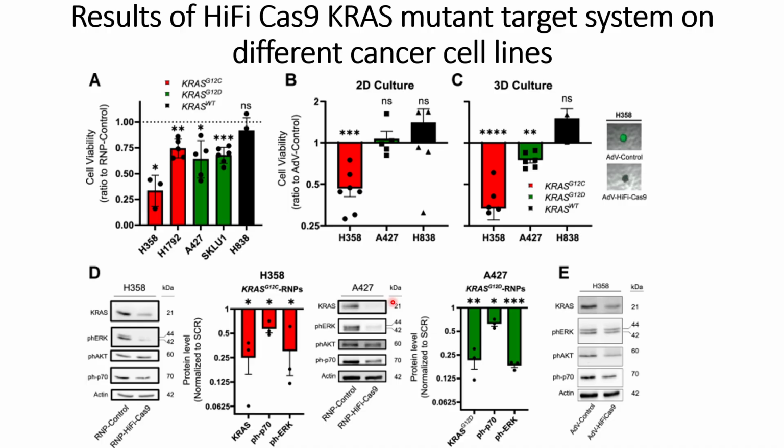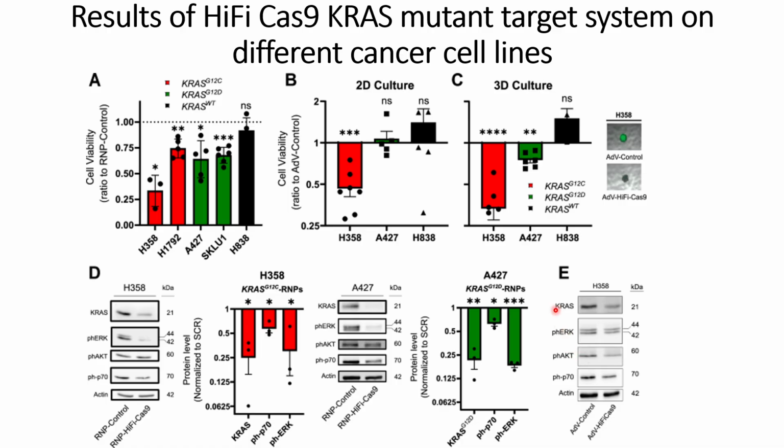In this case, they see complete reductions in the KRAS signals and phosphorylated ERK signals, and also a significant decrease in the phosphorylated P70 signals. The quantification is shown on the right hand side, where we can see a decrease in KRAS, phosphorylated P70 and phosphorylated ERK.